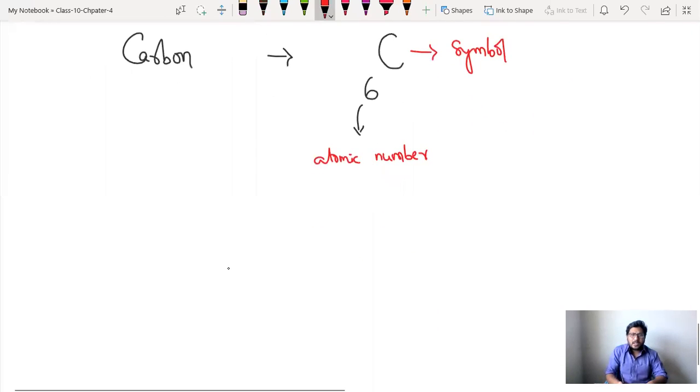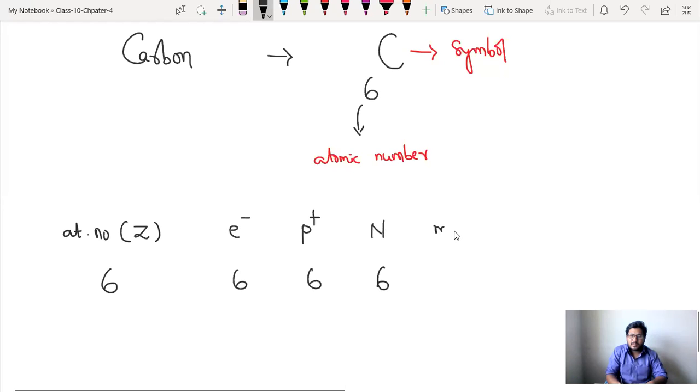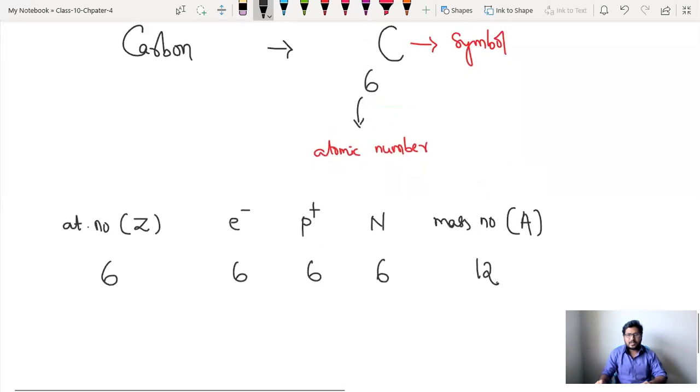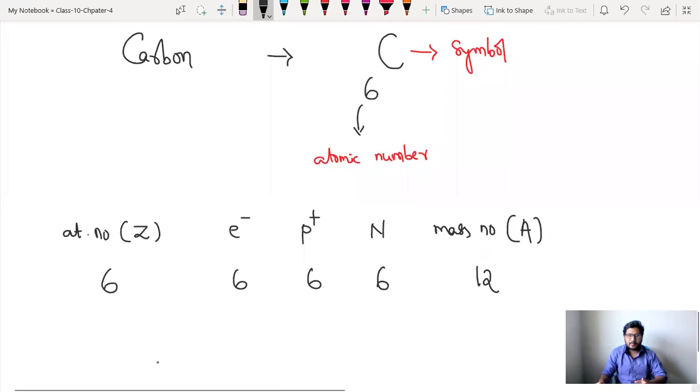Now, atomic number, which is represented with the letter Z, is 6: number of electrons 6, number of protons 6, number of neutrons 6. Its mass number is represented with the letter A, which is 12. You are very familiar with this, isn't it? You see, it has 6 electrons, 6 protons, 6 neutrons.